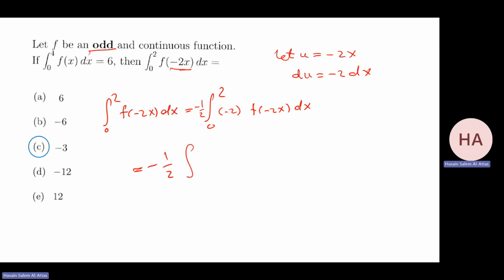Integral of what? This is 0, and this will be minus 4, times du, f of u du.